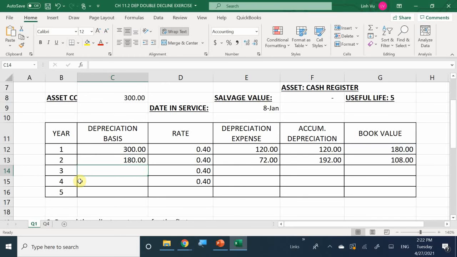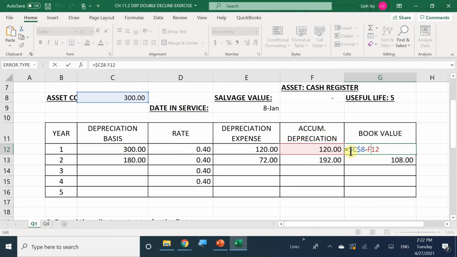You have the choice to do that if you want to autofill your information in here. I selected my 300, and that's my absolute cell reference because that's the number that's not going to ever change in your formula. And I just simply subtracted out whatever my accumulated depreciation was.